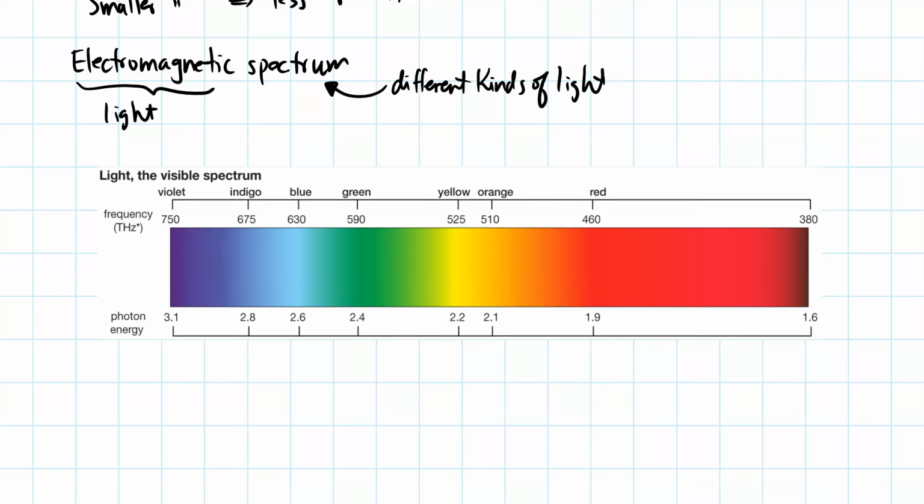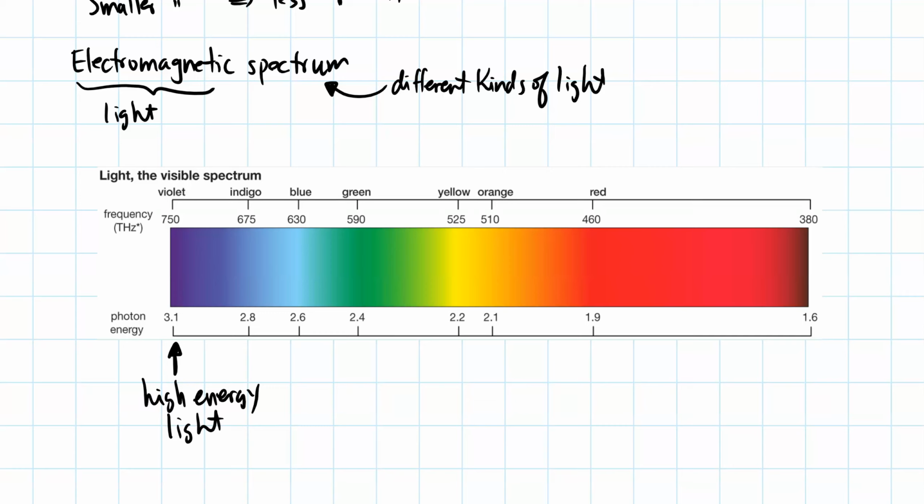One type of light, known as visible light, has a spectrum that starts at violet and then goes to blue, green, yellow, orange, red. And so what we find here is that the violet end of the spectrum is the high energy light.